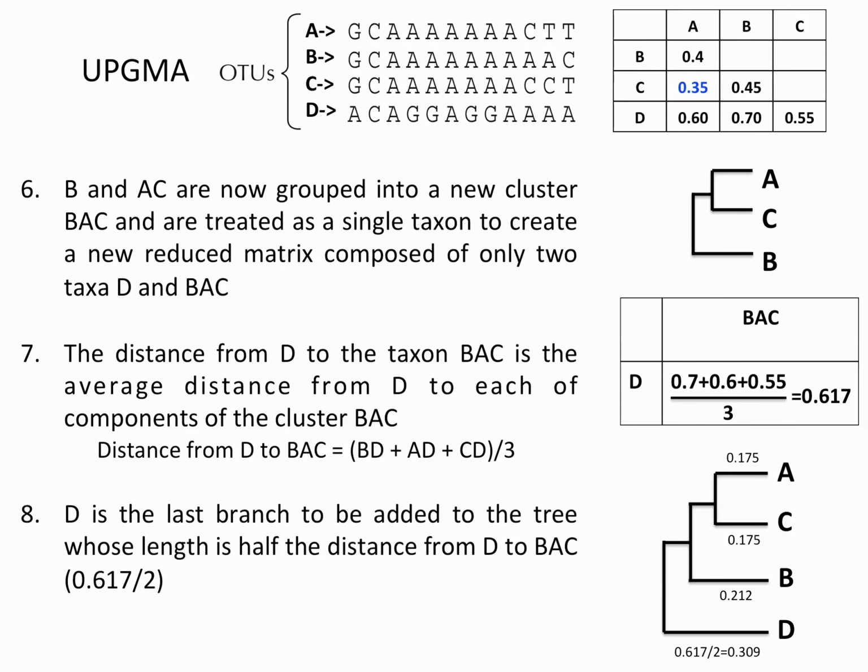Now you repeat the process, but this time the new distance matrix is composed of only two entries, D and the cluster formed by B, A, and C. Calculate the distance as the average between the new taxa, and you have the B, the A, the C, and you have a new distance.